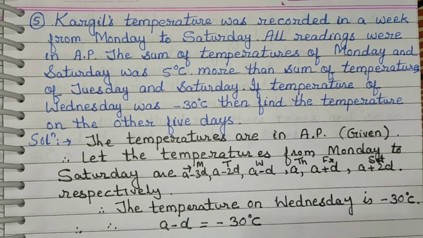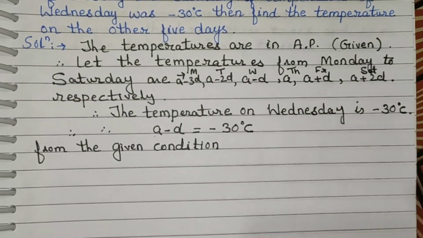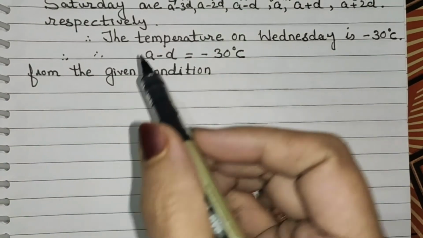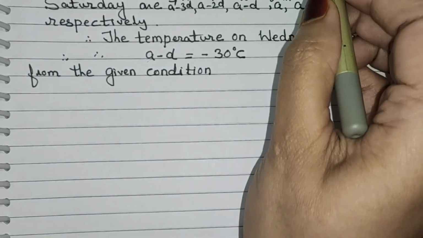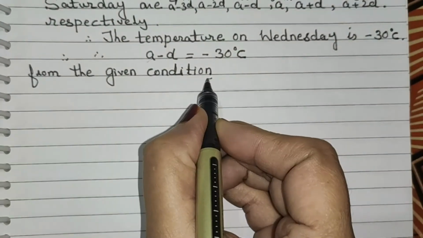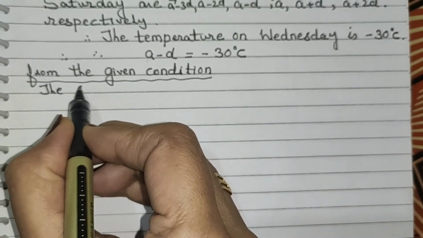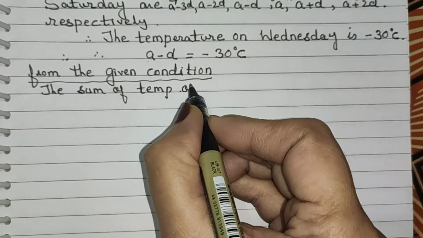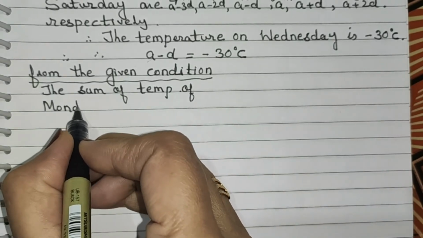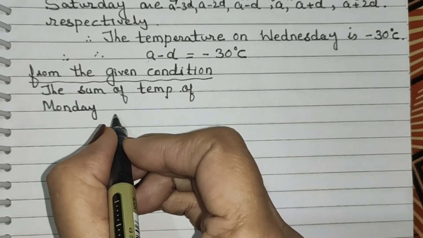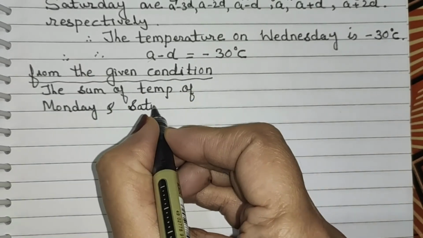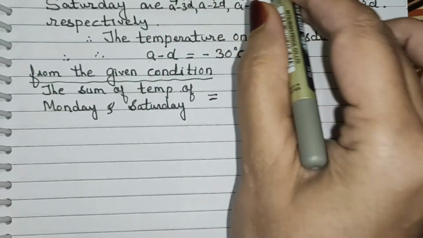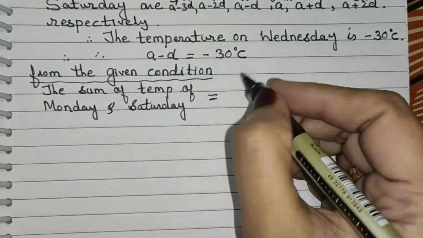Now from the given condition, the sum of temperature of Monday and Saturday was, write down here, the sum of temperature of Monday and Saturday was 5 degrees centigrade more than the sum of temperature of Tuesday and Saturday.